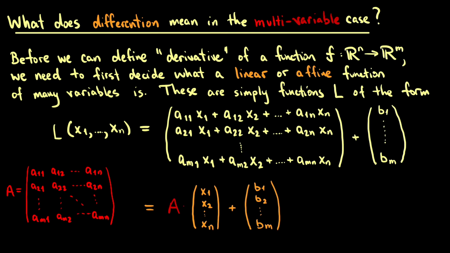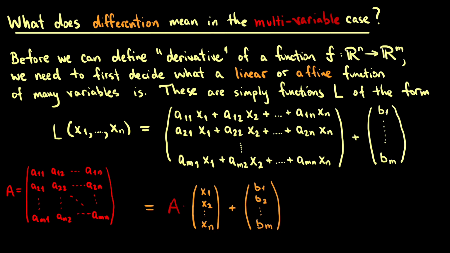All right, and so a linear function, or an affine function, which goes from Rn to Rm, is just something of this form. It's a matrix, which is m by n, times the input vector, plus a fixed vector. Okay, notice that this vector is in Rn, and this vector is in Rm, because this matrix is m by n, and an m by n matrix times an n by 1 vector gives me an m by 1 vector to match this.